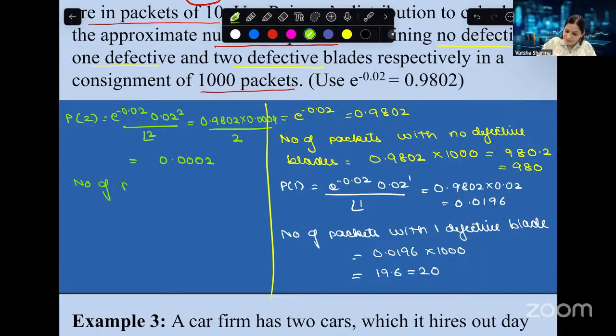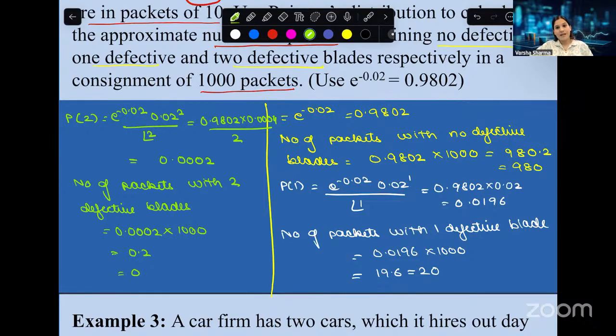Number of packets with two defective blades: 0.2, that is almost 0. Approximately 0 packets. Does anyone have any doubts till now?